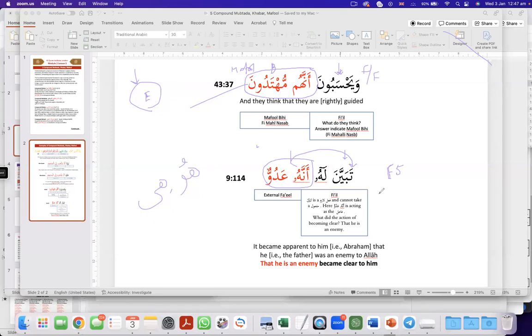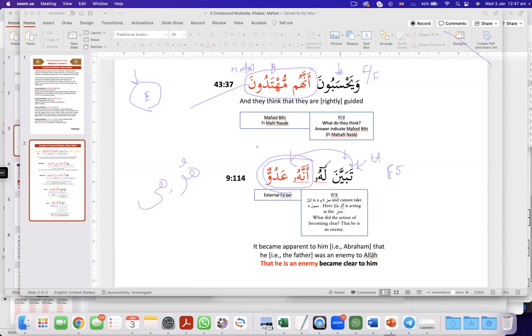This whole thing is the external fa'il of tabayyana. It is replacing the hidden fa'il "it." So instead of "it," now you are saying that he is an enemy has become clear to him.